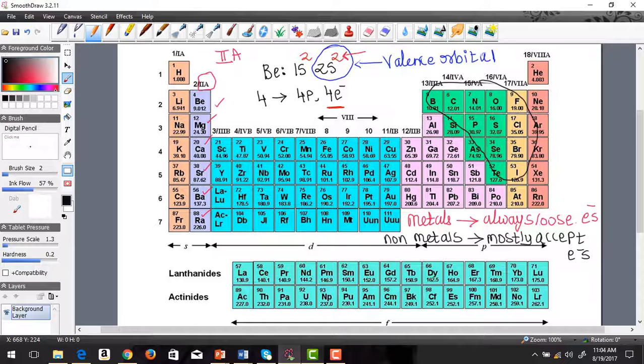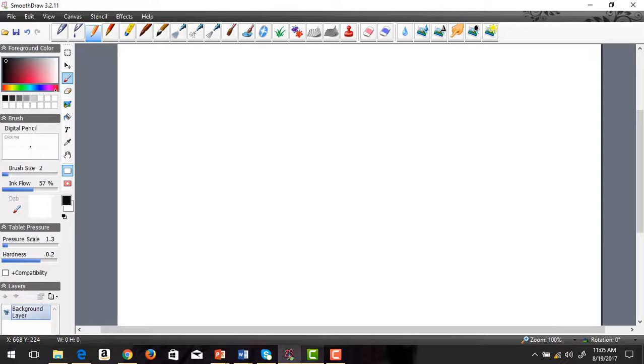That means it can lose all of the 2 electrons available in the valence. So when I ask you a specific question, from which orbital are those 2 electrons lost, you must be able to say 2s, which means you must be able to write the electronic configuration in the first place. Does that make sense? Okay, so let's delete this and bring the periodic table back.